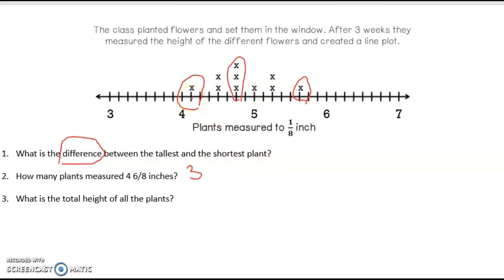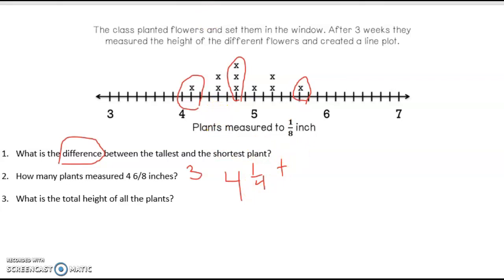So our first one is 4 1/4. Okay. 4 1/4, 4 2/4, 4 3/4, 4 4/4. No, I'm sorry. Why are we doing fourths?